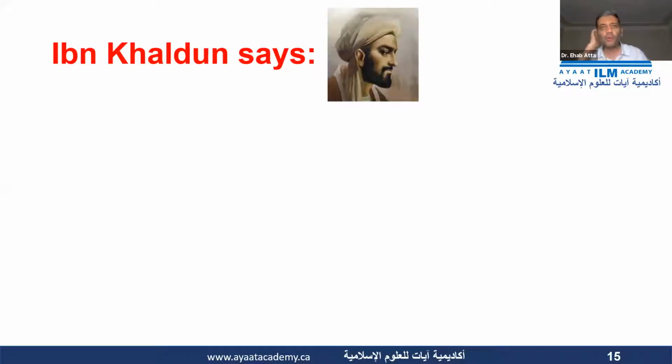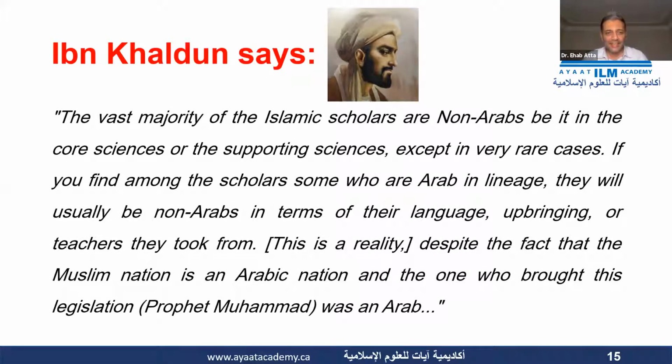Ibn Khaldun, you know, the famous economist and historian and philosopher, says the vast majority of the Islamic scholars are non-Arabs, be it in the core sciences or the supporting sciences, except in very rare cases.